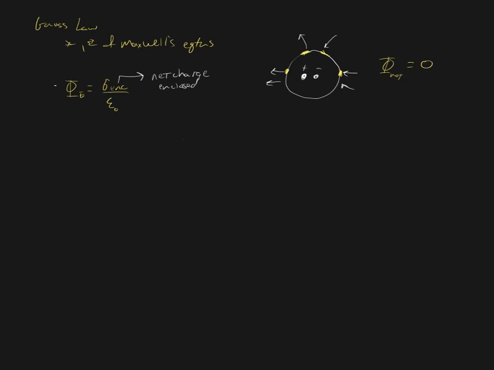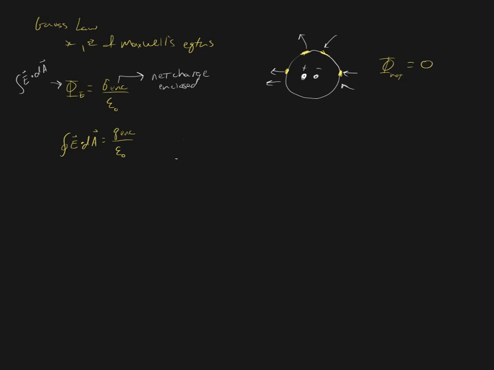Flux we already know as the integral of E dot dA. So when we write out Gauss's law formally, typically what we're getting is the integral of E dot dA is equal to Q enclosed over epsilon naught.